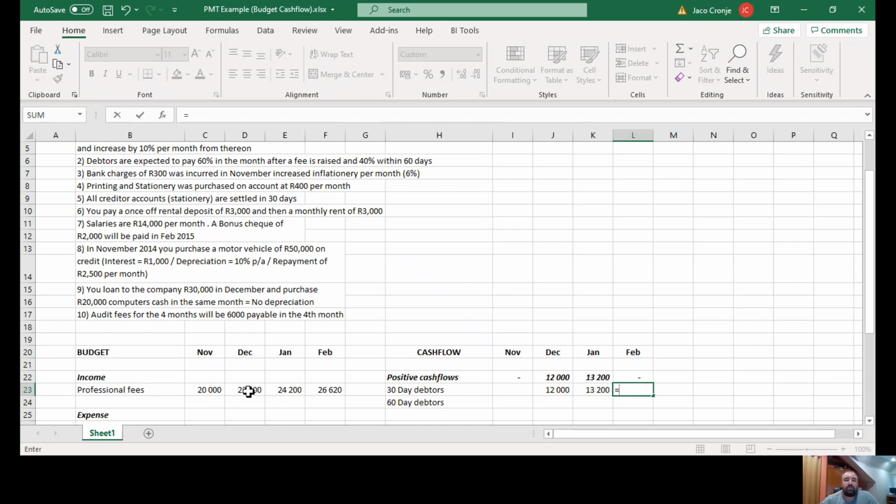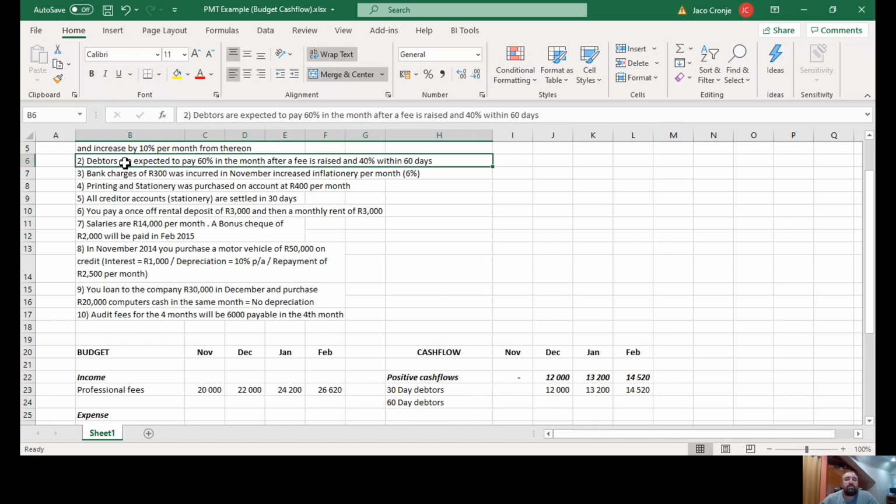And the fees that I raised in Jan, of that, 60% will come in Feb. What about the Feb fees that I have there? So yes, that will come in March, but we are not required to do a cash flow forecast or a budget for March. So the Feb fees will simply leave out for this exercise.